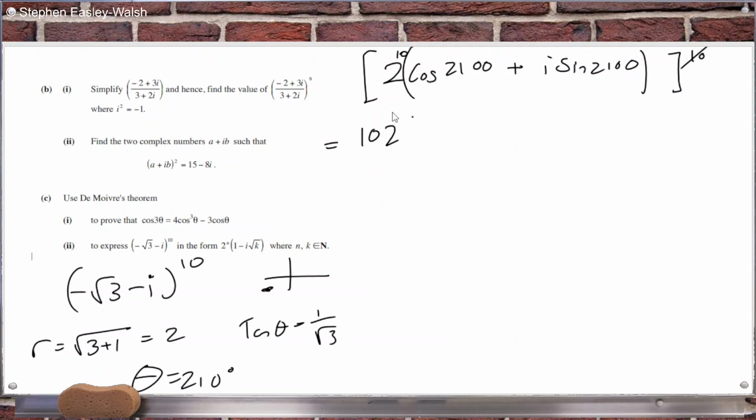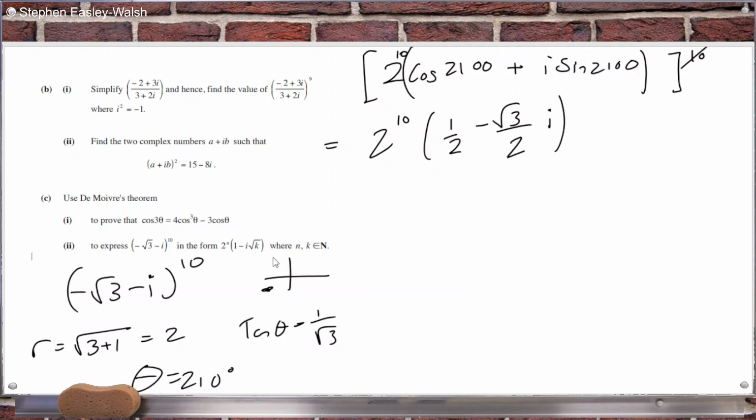Oh, actually it says to leave it as a power. 2 power 10. Okay, so let's see what cos 2100 is. A half. And then sine 2100 is minus root 3 over 2 i.